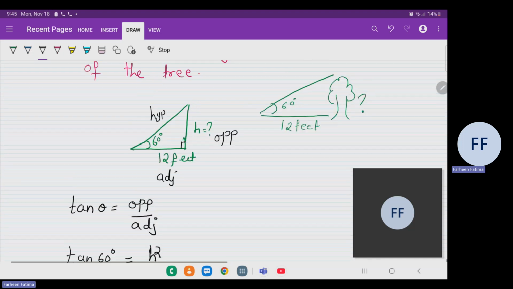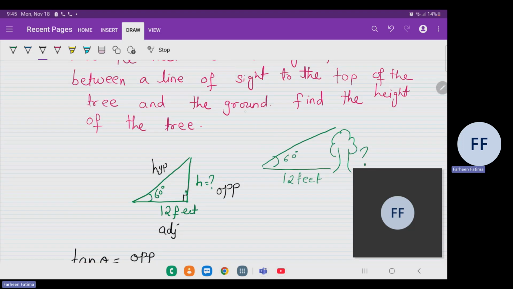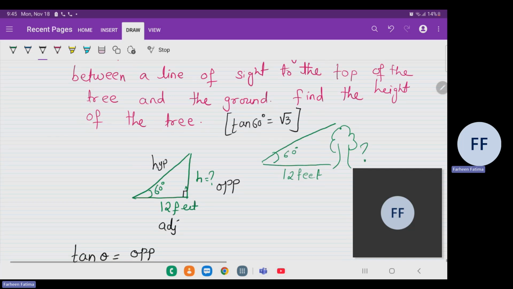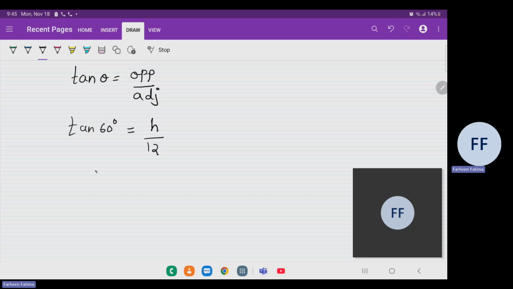Tan 60 is root 3. So root 3 equals h by 12. So the height here is 12 root 3. The question is given in feet, so we will also write feet.